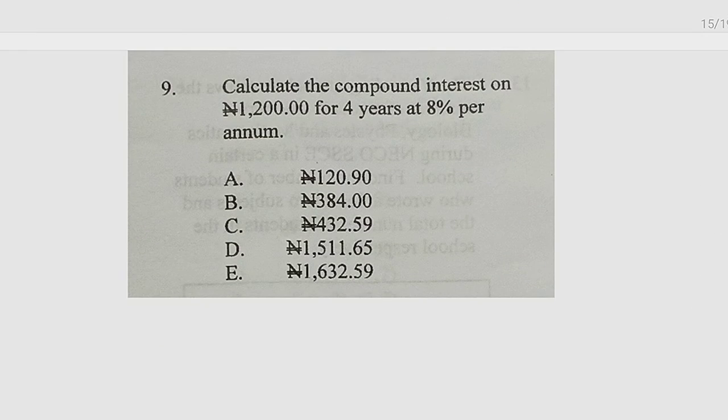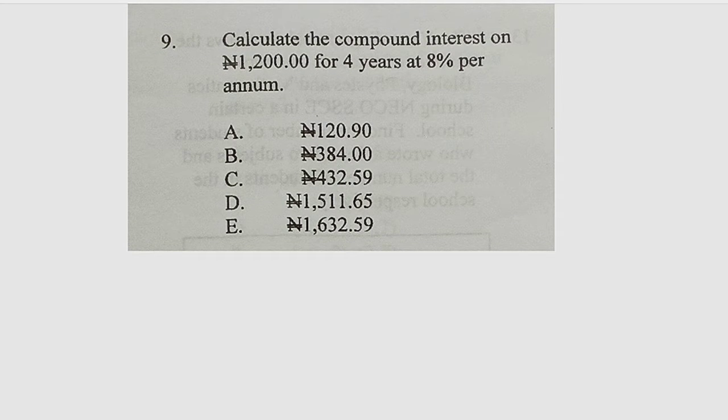Question number 9. We are asked to calculate the compound interest on the principal amount 1,200 for 4 years at 8% per annum. Okay, what is the formula? Interest is equal to the total amount minus the principal. But how do we find the amount?